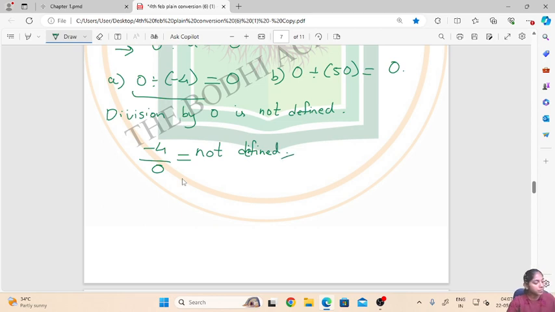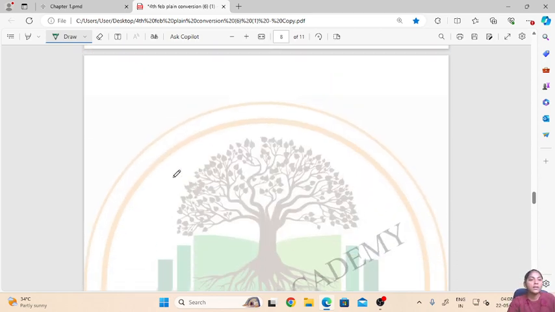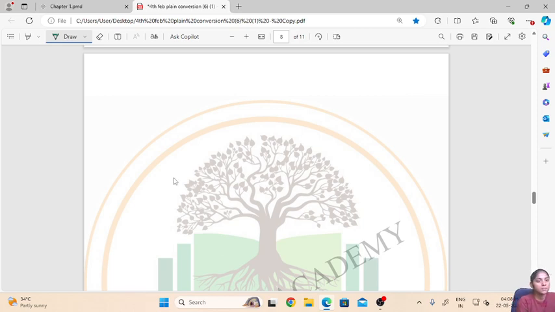Then the last property that we have to see is division by itself. So let us see what this property is.